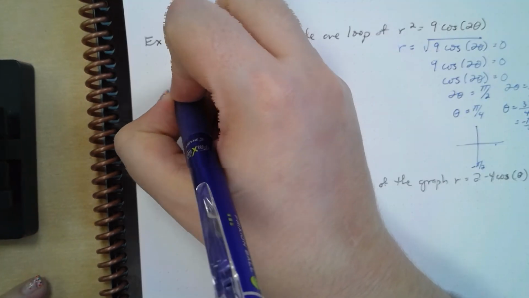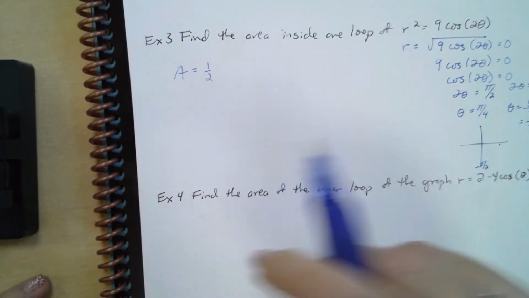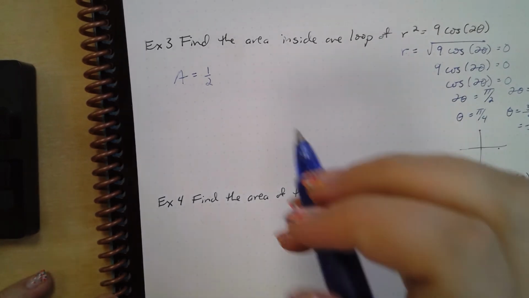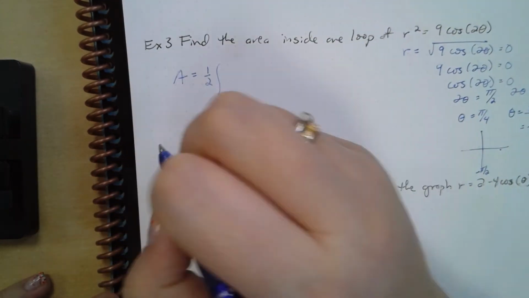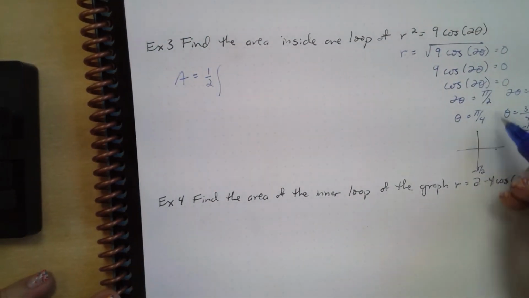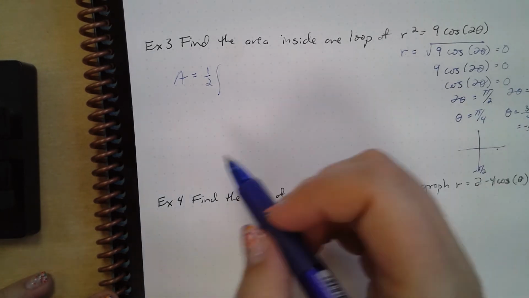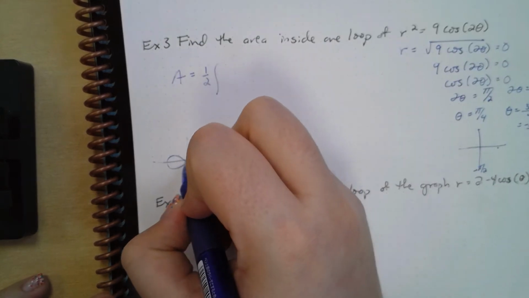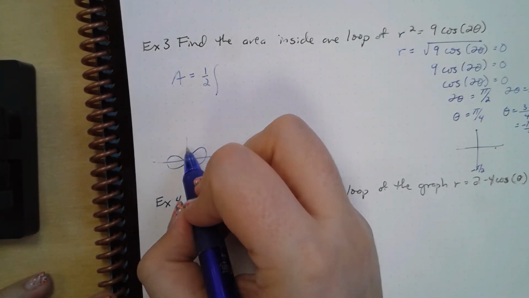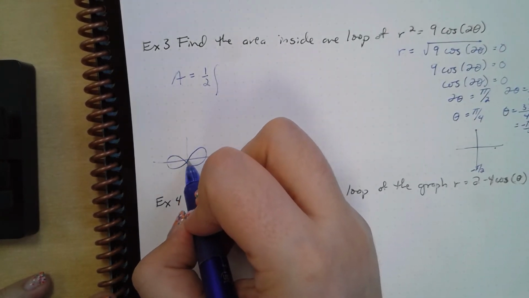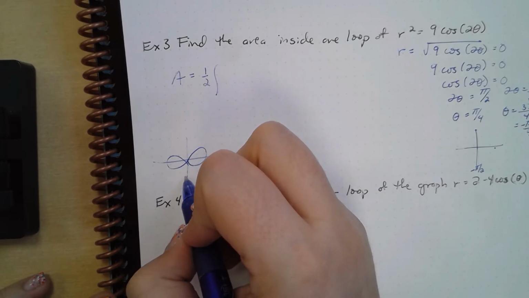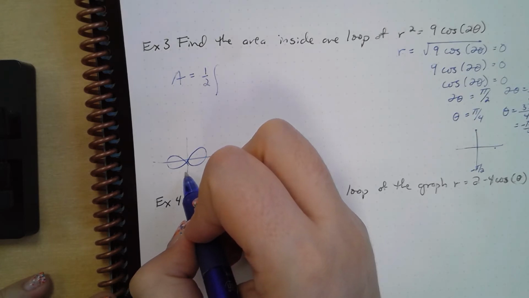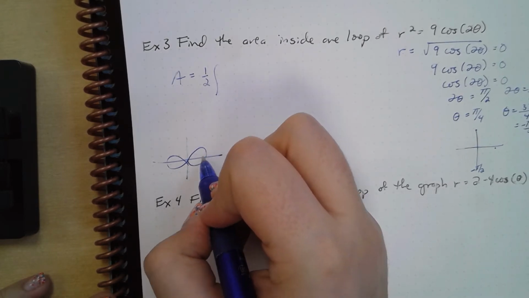So the area is equal to 1/2. Don't be like me on the last problem. Remember the 1/2 this time. From the integral from... I'm going to draw a quick graph of what we've got here. You could go from pi over 4 to 3 pi over 4, but I don't think it's going to work quite as well, just because of the way this graph draws, right?